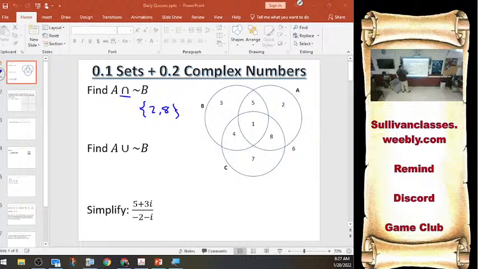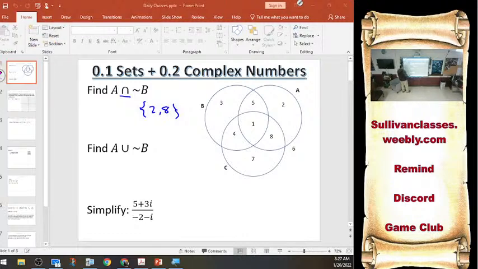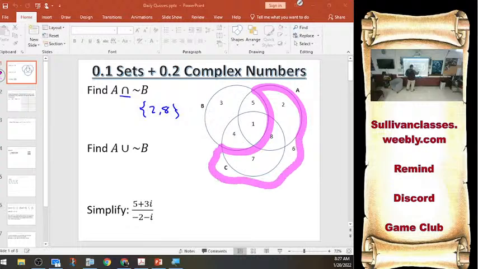Next one. It's going to be A union not B. So that one is everything that was not B, or it is in A. Because it says "or."